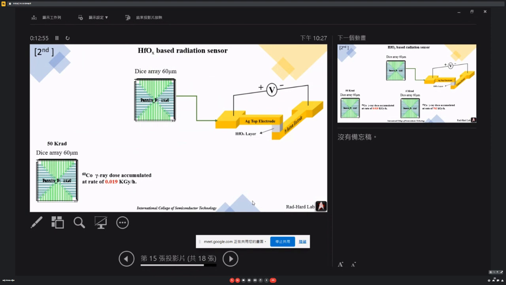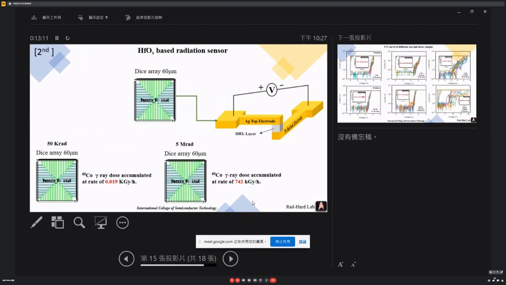You can see the green is the die, with a size of 60 micrometers. Here we went through 2 radiation doses, one is 50 krad and one is 5 mRad, to check how the voltage varies with different doses.